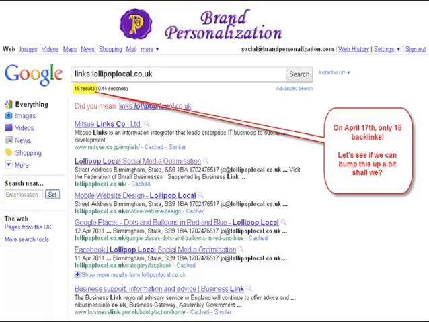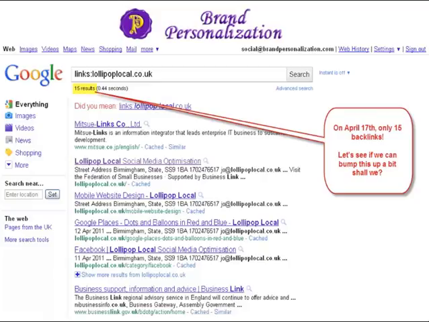So even if someone would search for her actual name, she would rank a little bit. But as far as any type of broad terms, as far as social media optimization or social media management, it just wasn't there. So I went ahead and did a few screenshots as a before and after.